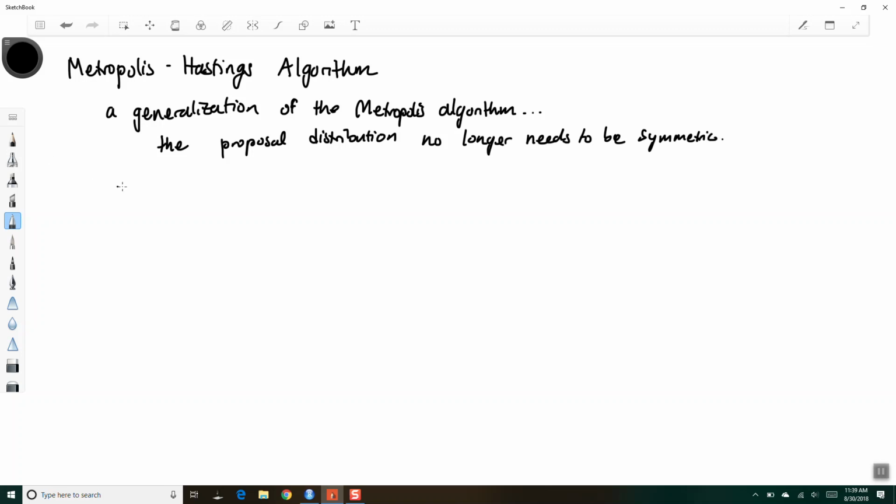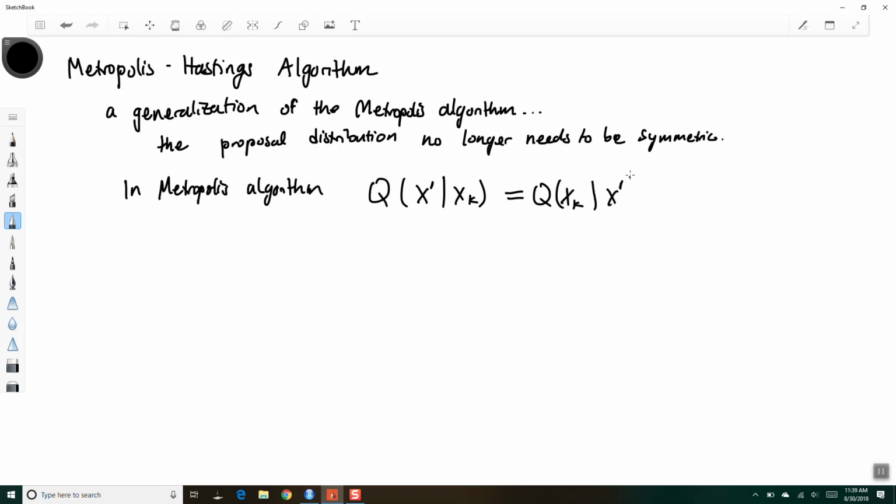In the Metropolis algorithm, the probability of proposing a value if you're currently at this location had to equal the probability of proposing your current location if you were at your proposed value.